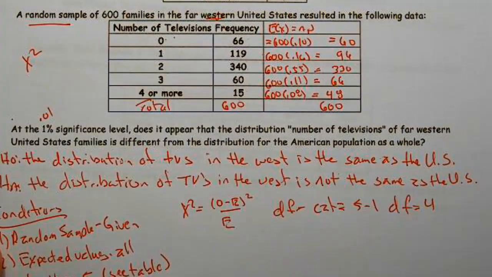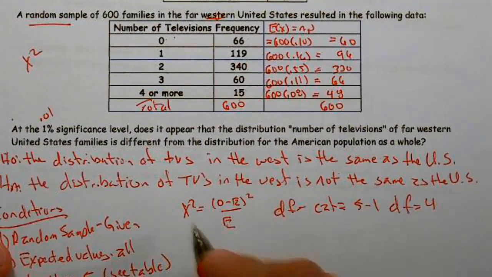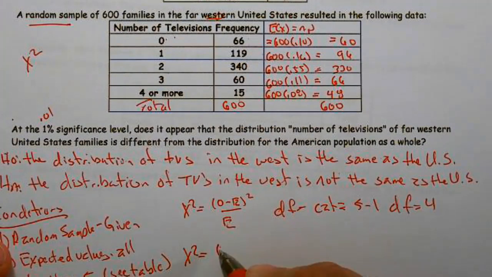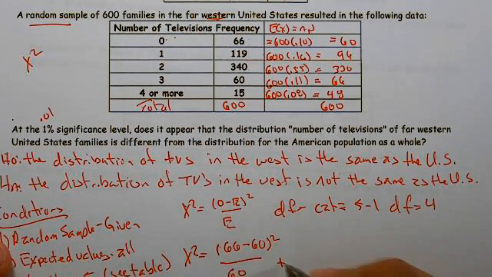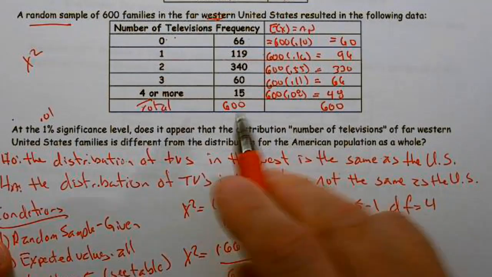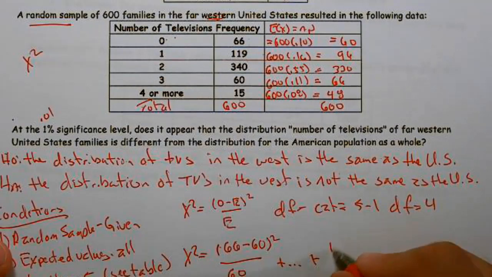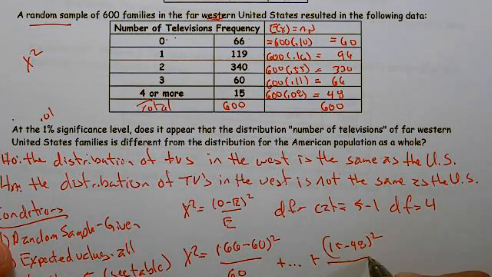And I can go ahead and start plugging into my formula. So my chi-squared equals 66, my observed, minus my expected, 60, squared over 60, plus and so on, plus 15 minus 48 squared over 48.